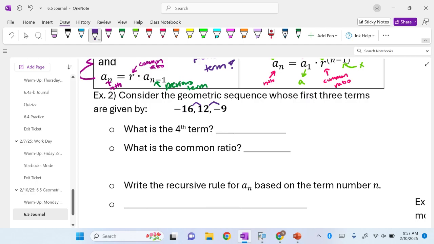All right, did anyone get a number that we're multiplying by? I want it as a fraction. So guys, just to help us out here, we know we're having to multiply a number to get from negative 16 to 12.